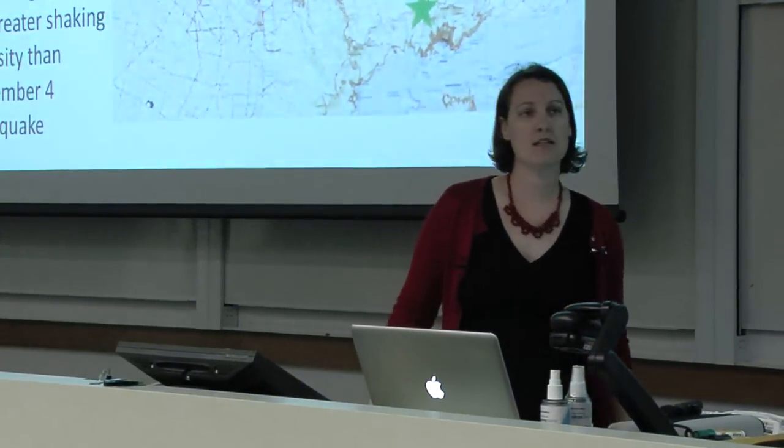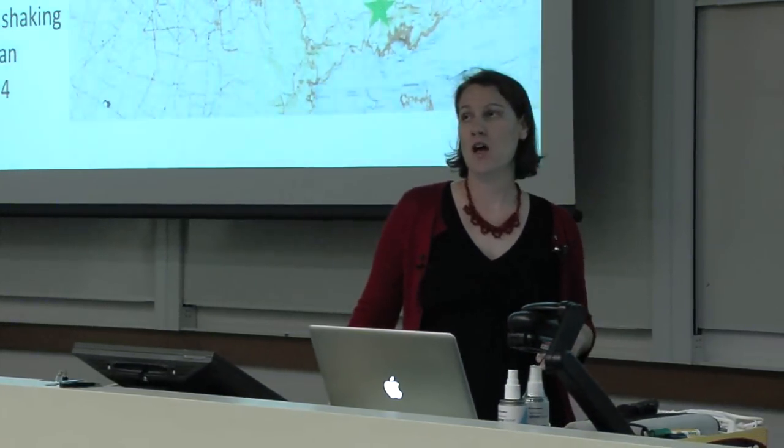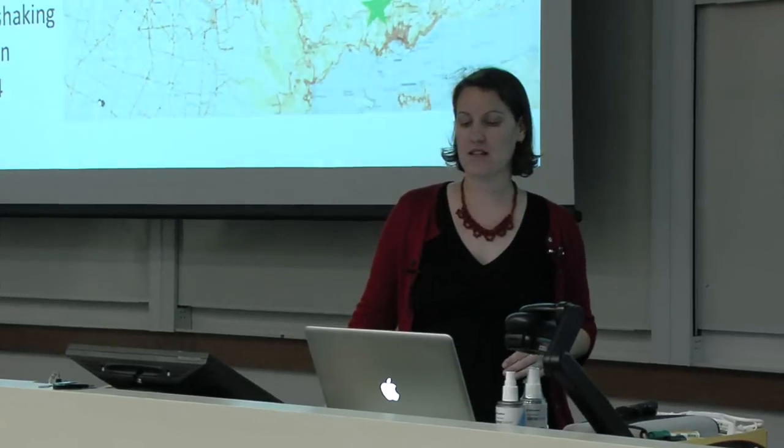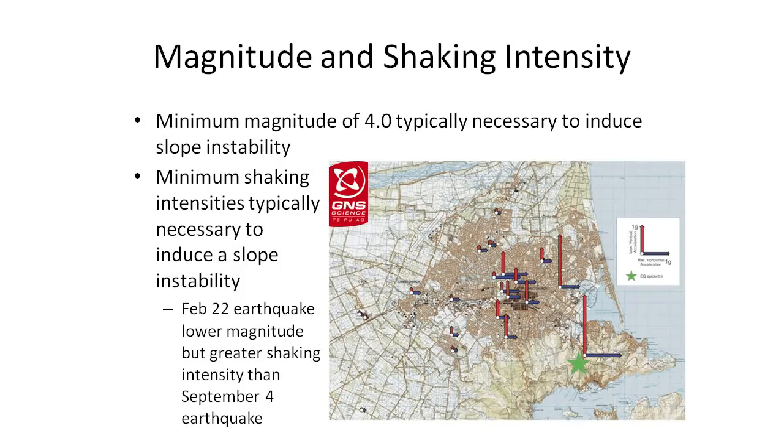So starting first off with magnitude and shaking intensity. Typically around the world, what researchers have found is that you need about a magnitude of 4.0 to get land moving. And so we had 2 earthquakes now, 7.1 and 6.3, and all of the ones succeeding that. And they're above 4.0, and so they are above that sort of minimum threshold for land to start moving.